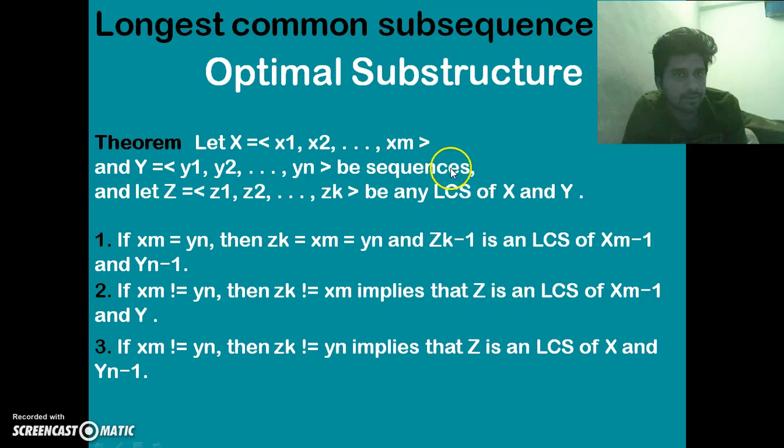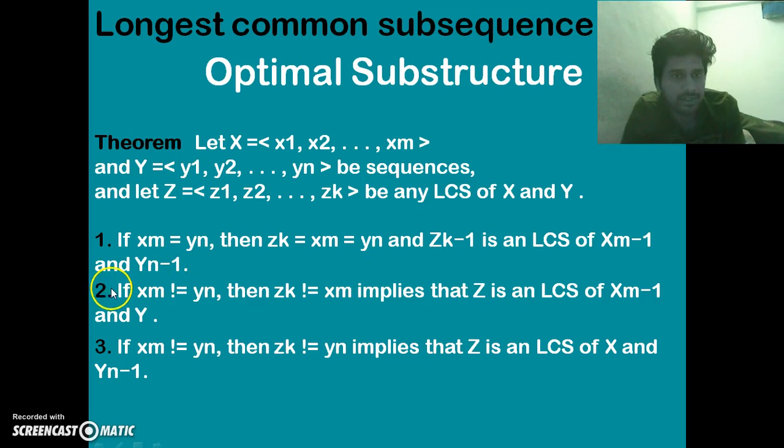For these two sequences, the first point of the optimal substructure is: if the last element of X, which is xm, and the last element of Y, which is yn, are equal, then the last element of our LCS, zk, is also equal to xm equals yn, and Zk-1 is an LCS of Xm-1 and Yn-1.